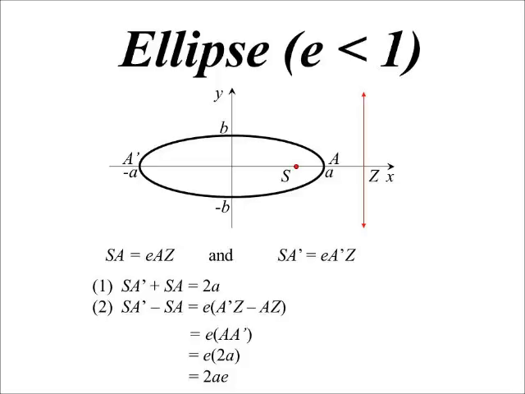But have a look at A dash Z minus AZ. Once again, you're left with the distance between the two intercepts, which is 2A. So SA dash plus SA is 2A, but SA dash minus SA is 2A times the eccentricity, E.